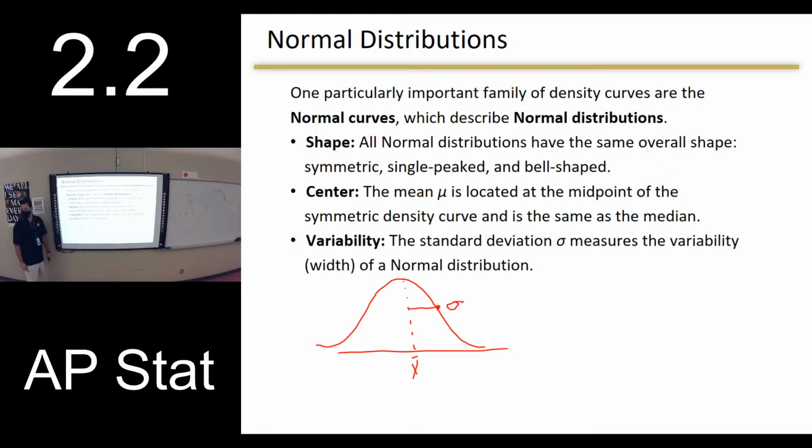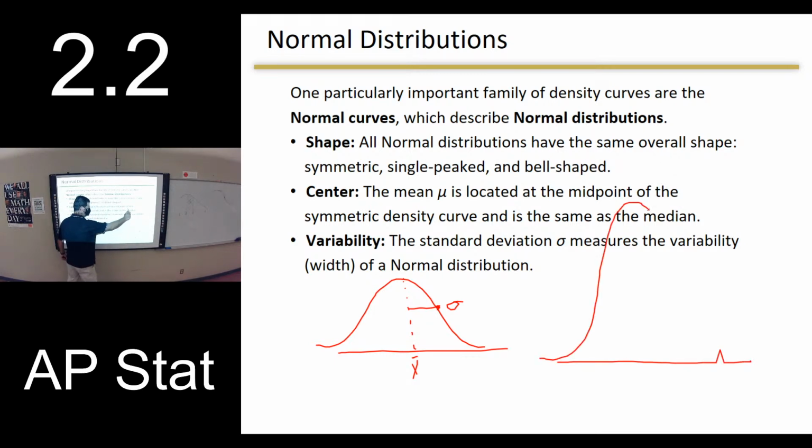One standard deviation. So if I draw this like that, that's still the middle, but that one standard deviation is a little bit less than this one. What's the area underneath the curve? 1. So the standard deviation of this one is more than the standard deviation of this one.